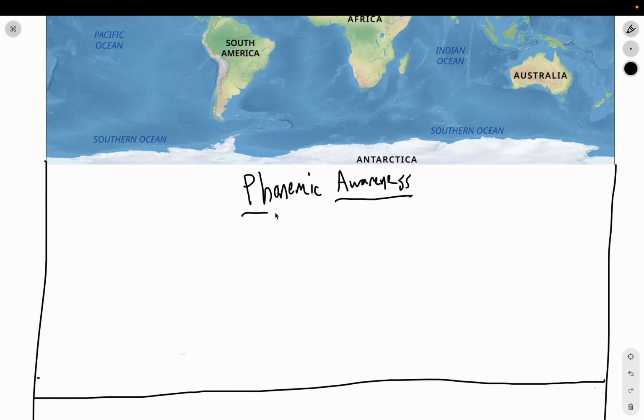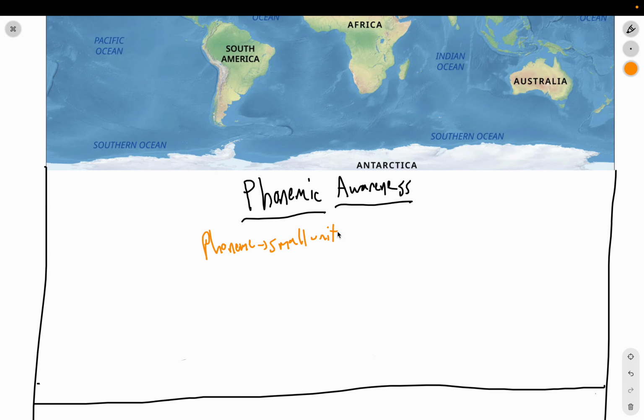That's a good question. If we recall from last time, phonemes are the small units of sound that we use to construct our words, and particularly they're the units of sound that are sort of the logic our alphabet is based around.